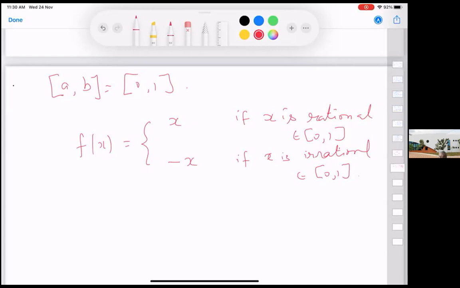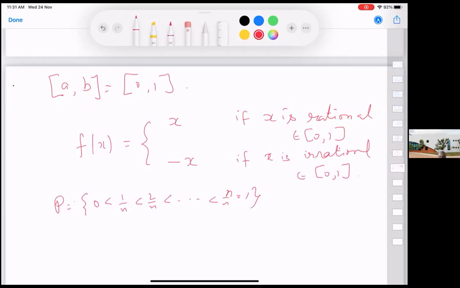Now, take a partition, the 1 by n partition. So there are n elements.